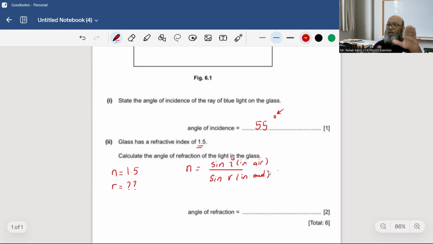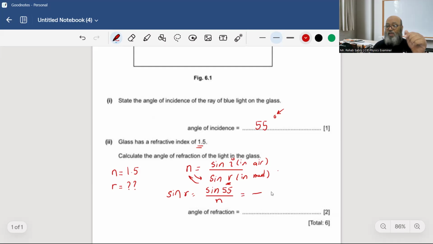Sometimes when solving, you can use shift solve to get r, but some students don't have calculators that can do this, and ask, how can we get this mathematically? So I'll show you how to find this mathematically. You want to find the angle r. Let's arrange this. In this case, sine r equals sine 55 divided by n.